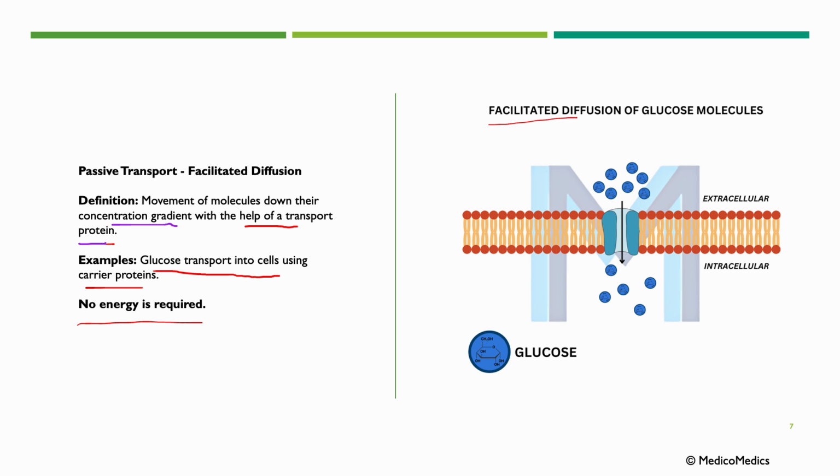But what if the cell needs to move substances against the gradient? So when there is opposition and it's not enough to diffuse through the membrane, even with the help of transport proteins or by osmosis, for example, this is where we need to talk about active transport.